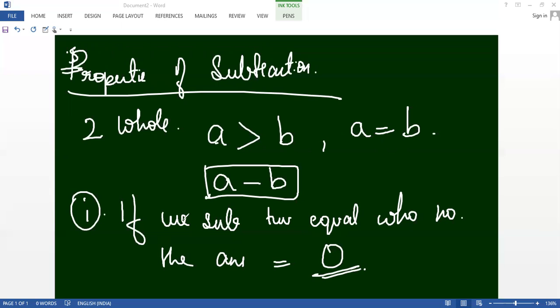For example, if we subtract two equal whole numbers, like 25 minus 25, then the answer will be 0.